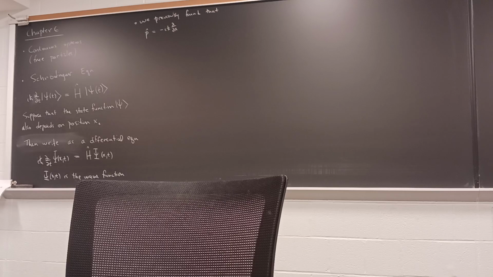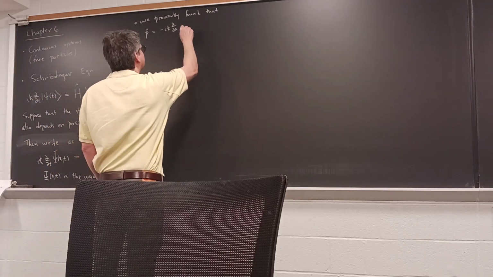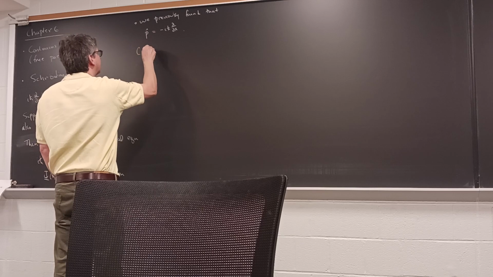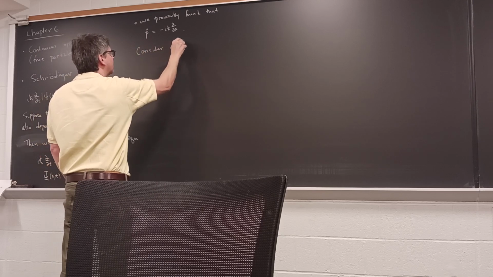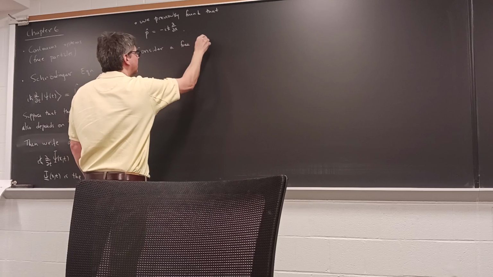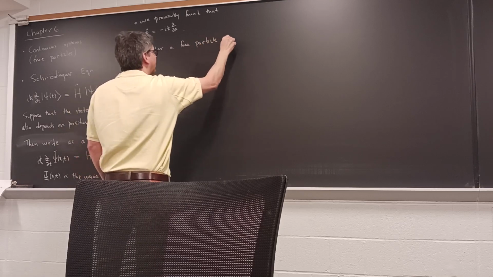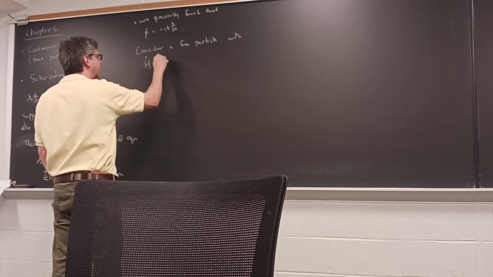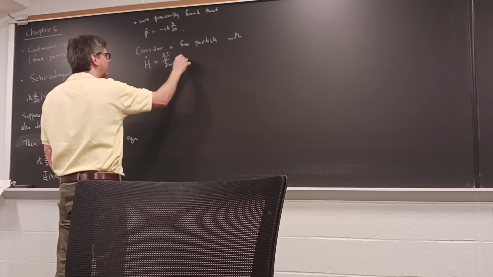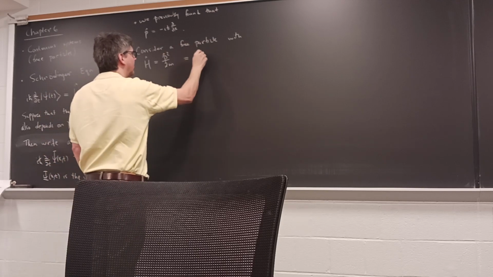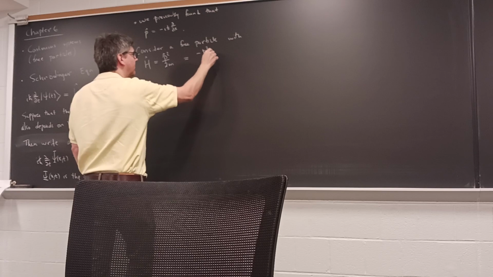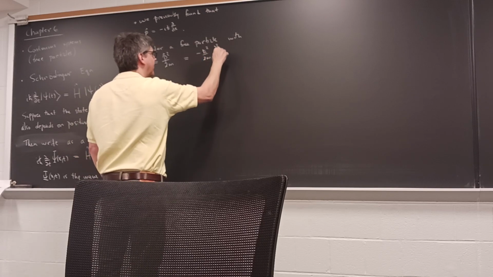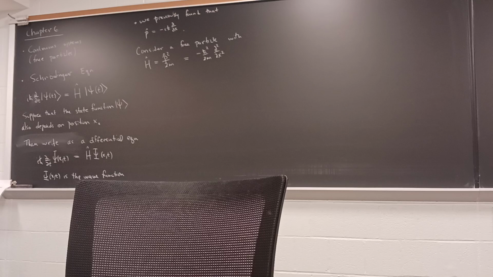And so now I want to consider just a free particle here, with the Hamiltonian then being just p hat squared over 2m. So this will be minus h bar squared over 2m times the second partial derivative with respect to x. So that would just be the Hamiltonian for a free particle. There's no potential involved.